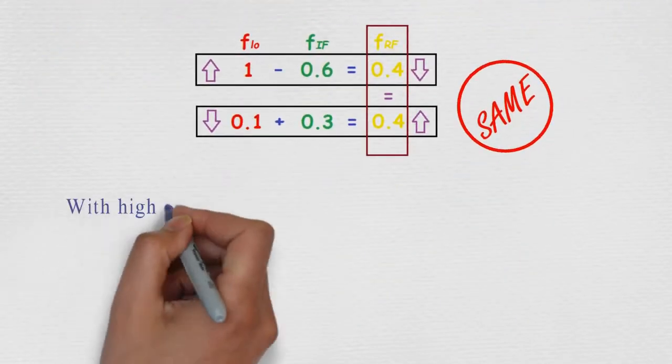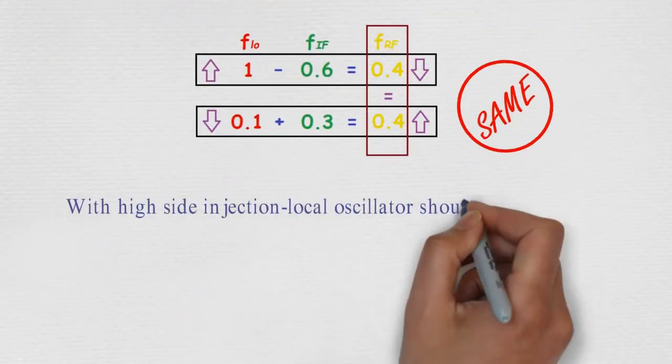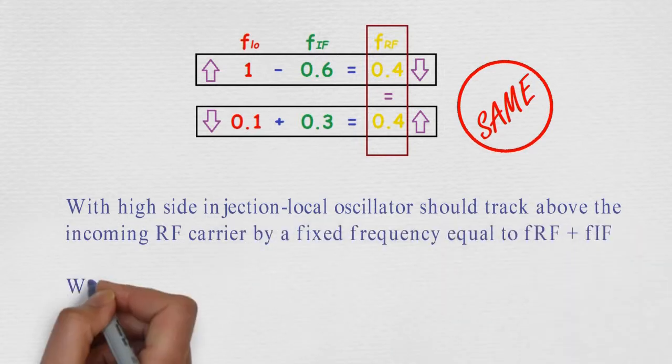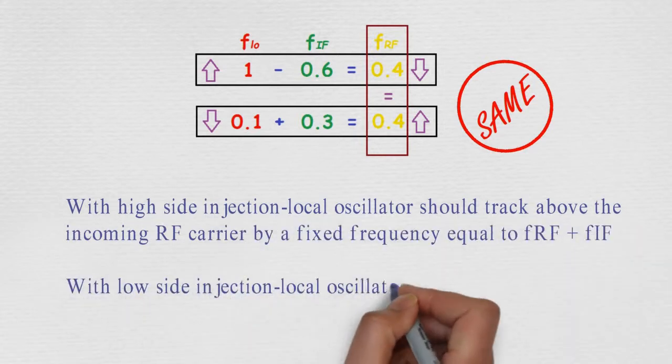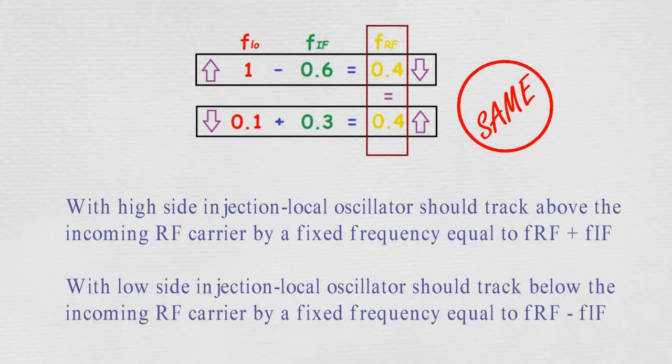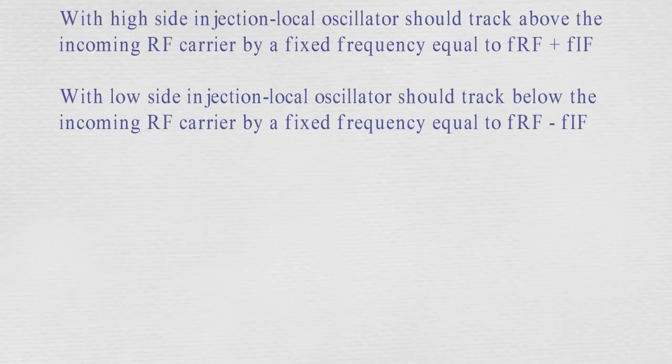With high side injection, the local oscillator should track above the incoming RF carrier by a fixed frequency equal to FRF plus FIF, while with low side injection, the local oscillator should track below the incoming RF carrier by a fixed frequency equal to FRF minus FIF.